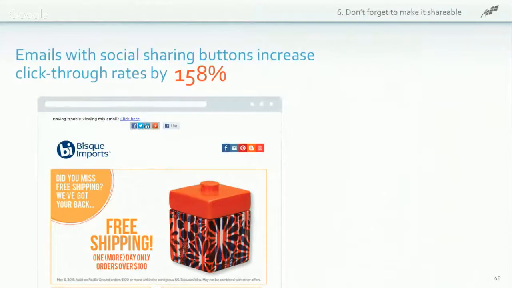Actually, close to 160%. It's a share bar that, again, this is a Constant Contact example, so they have everything in there. What happens is if you click that F, then it will automatically load the end user's Facebook page, and create a post and write the post for them, and then all that your end user has to do is click send.